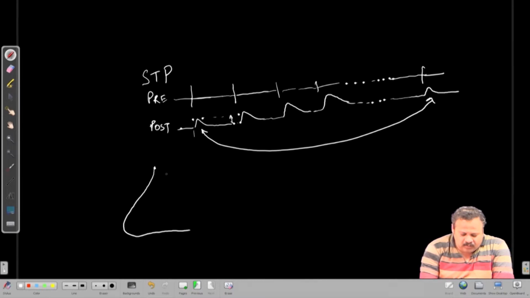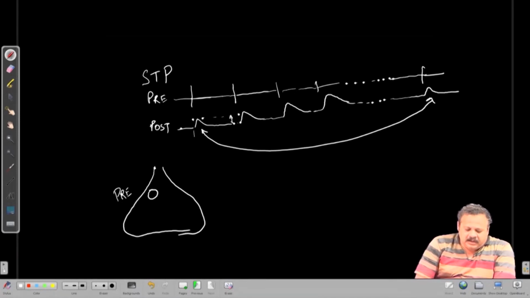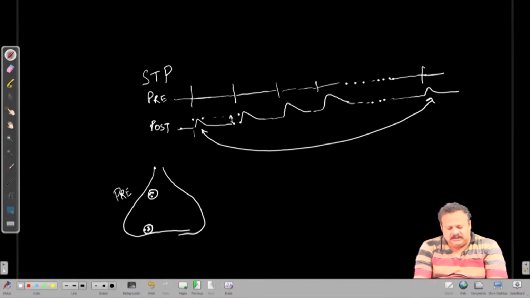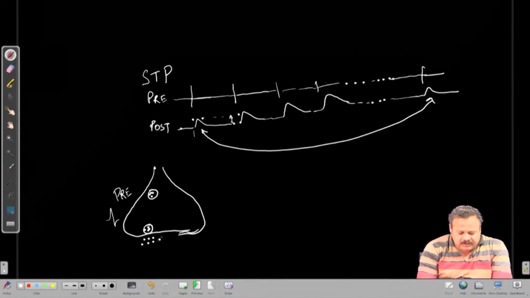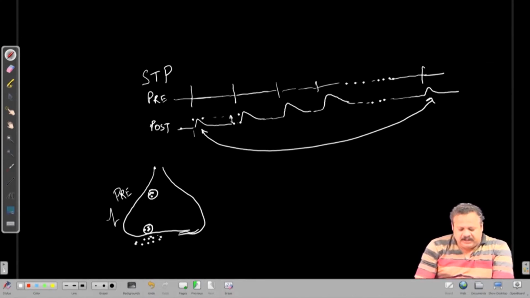So, this is how it may be thought of, that this is the presynaptic terminal. As you may recall, there is a synaptic vesicle that is carrying the neurotransmitter here, and it is primed, or rather it is docked, to be released into the synaptic cleft. So, when there is an action potential presynaptically, we know that these neurotransmitters are released into the synaptic cleft.